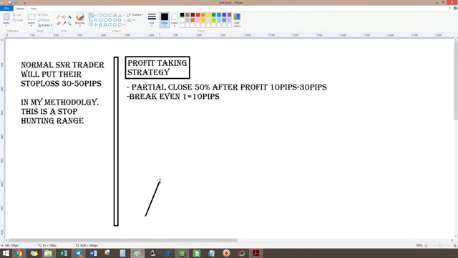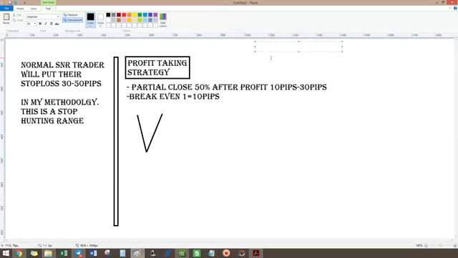Okay, what is a flag? Let me draw something for you. How does a flag happen? First, the theory. A flag is a base that is created by the break of SNR.